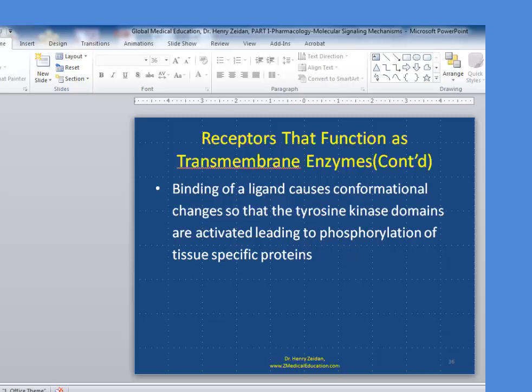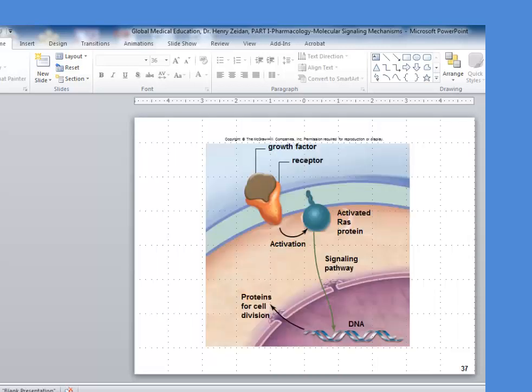So as a drug, as a ligand, a drug can bind to the tyrosine kinase domain. What's the nature of this domain? It forms a channel across the membrane and tends to dimerize, activating phosphorylation of tissue-specific proteins. So growth factor follows this pattern. You can see that here.